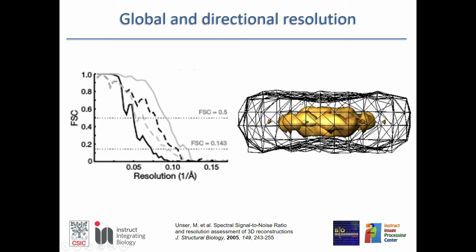This is what the spectral signal-to-noise ratio is trying to capture, and the Fourier shell correlation can be thought of as a radial average of this spectral signal-to-noise ratio. Radial average in a very loose sense. So it is a curve that is radial and that somehow is related to the signal-to-noise ratio.